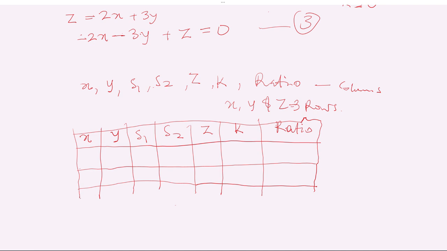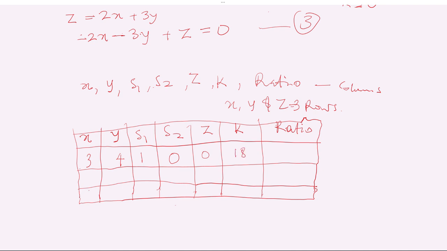The first coefficient here is 3, the other is 4, this is 1, this is 0, then this is 0. So the constant here is 18.